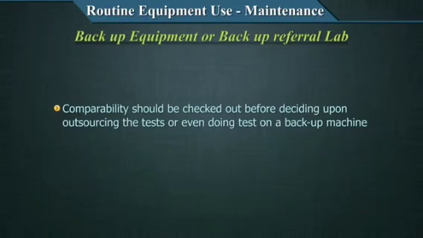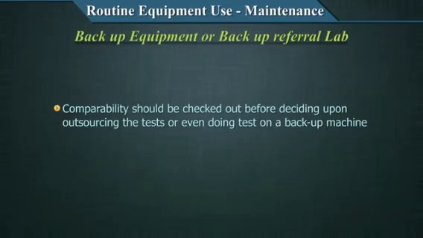This has to be borne in mind that methods can be different, and therefore biological reference ranges can be different, and these can create confusion for the clinicians and the patients. So comparability is a very important concept when you are thinking about any kind of equipment backup or even using two different equipment in a laboratory.